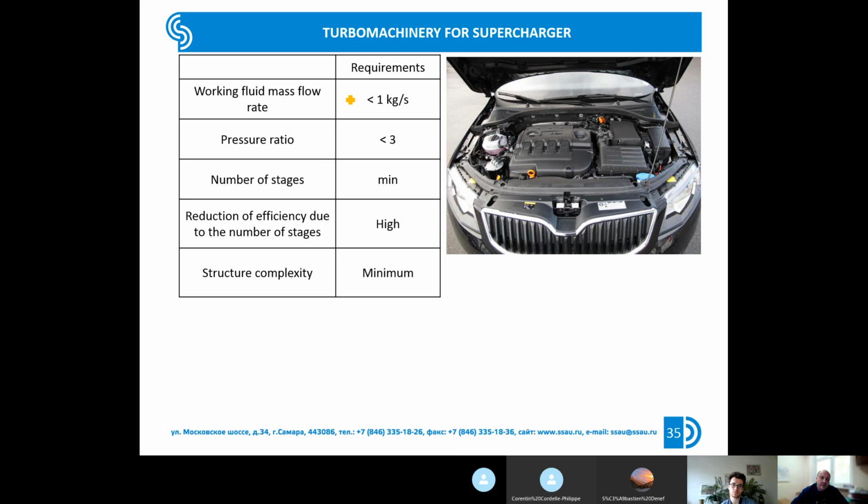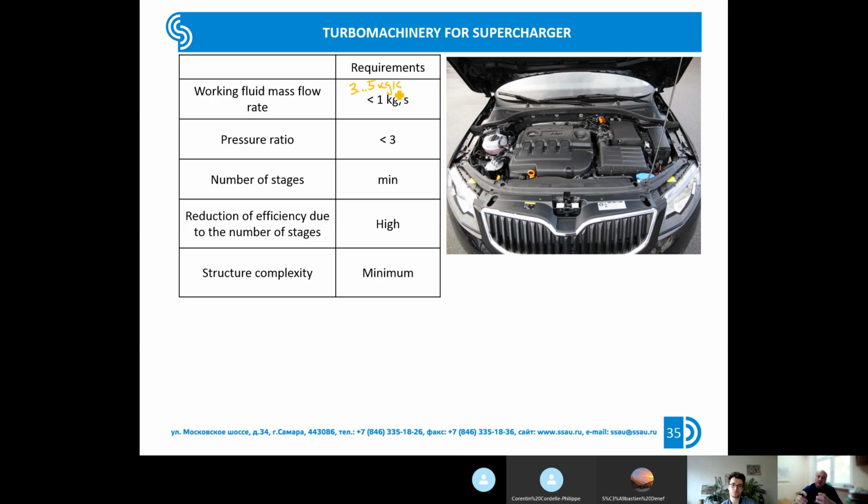For example, I have experience of designing compressors and turbines for a turbocharging system for a train, and such a turbocompressor has a mass flow rate of 3-5 kilograms per second.